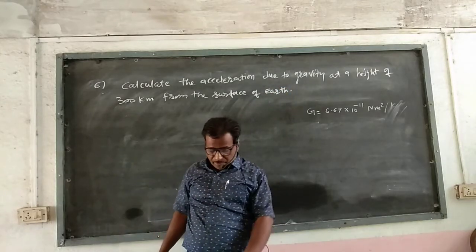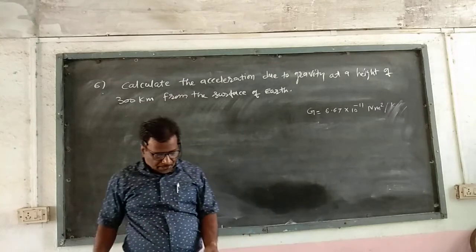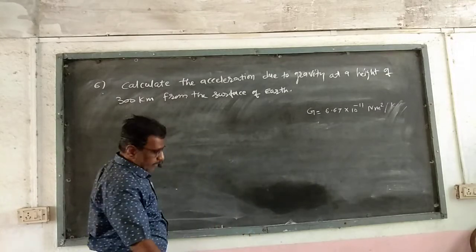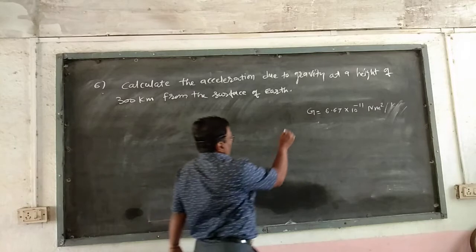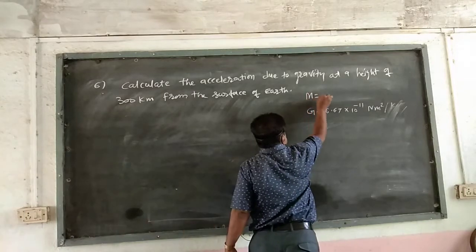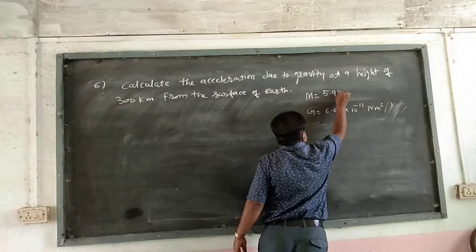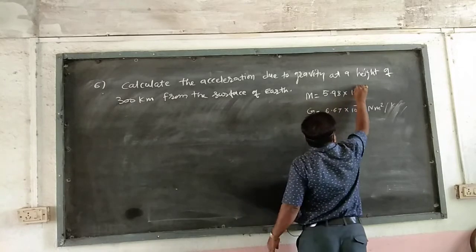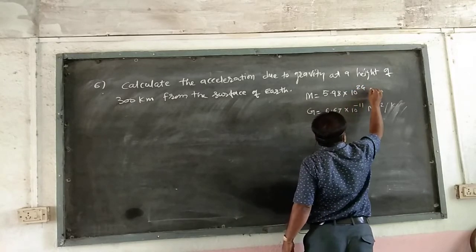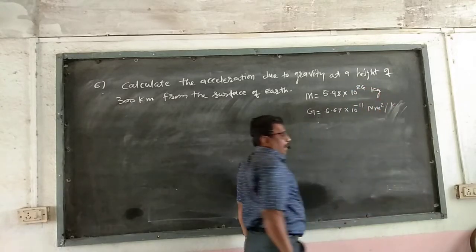There are given quantities. Mass of the earth is equal to 5.98 into 10 to the power 24 kilogram.